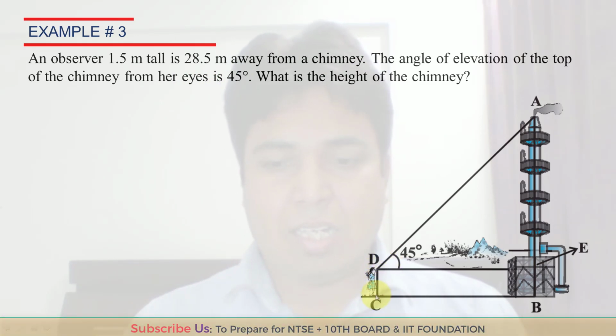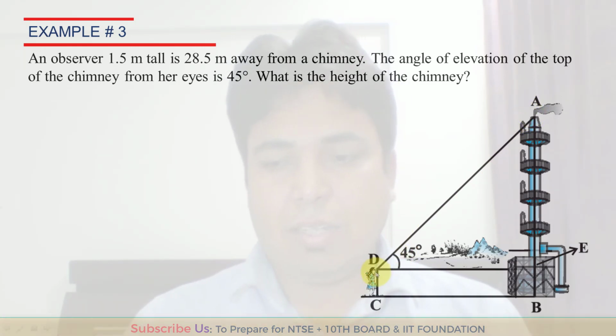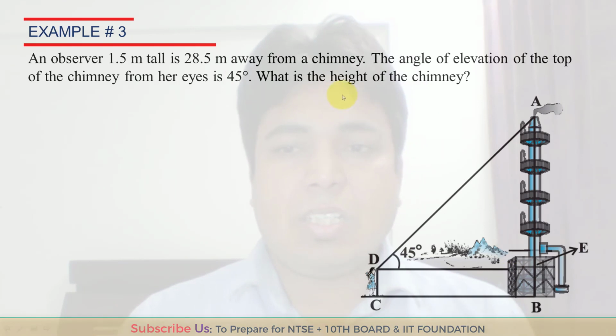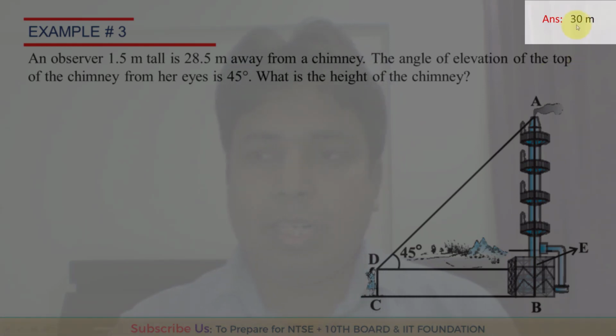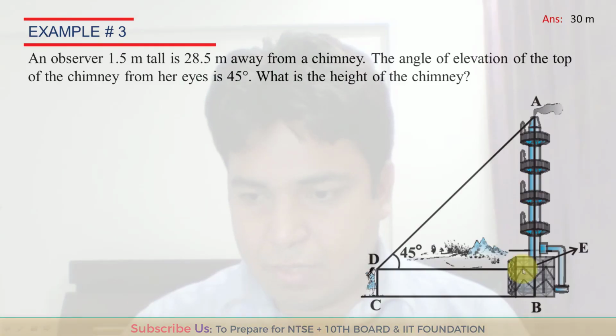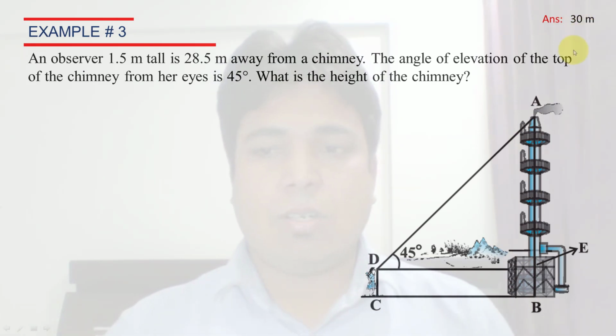This is the height of the observer, and the angle of elevation of the top of the chimney is 45 degree. What is the height of the chimney? The answer to this question is 30 meter. The whole height of this chimney is 30 meter. If you wish, you can solve first and then look at our solution.